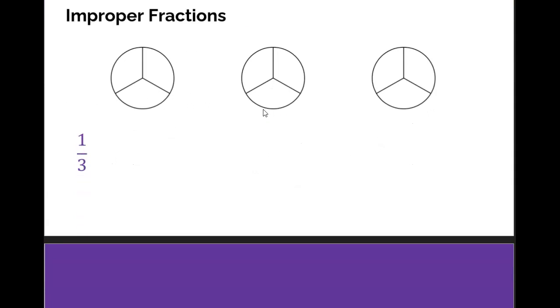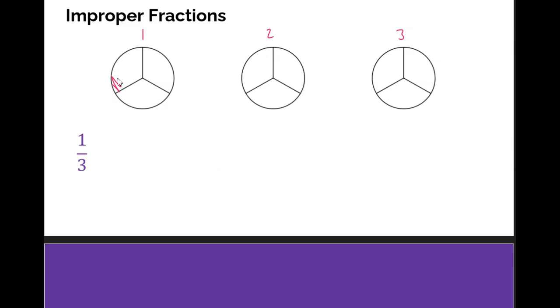And let's look at improper fractions really quick. This is likely a review, but just to make sure we know what we're looking at here. So there are 3 circles here. We're going to call these 1 whole each. So if we were to count these, they'd be 1, 2, 3. And if we were to count up by thirds, you can see these are divided into 3 each.